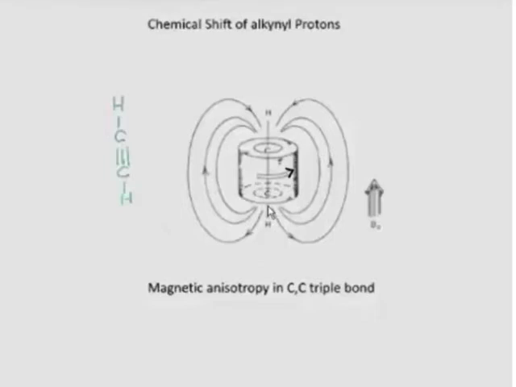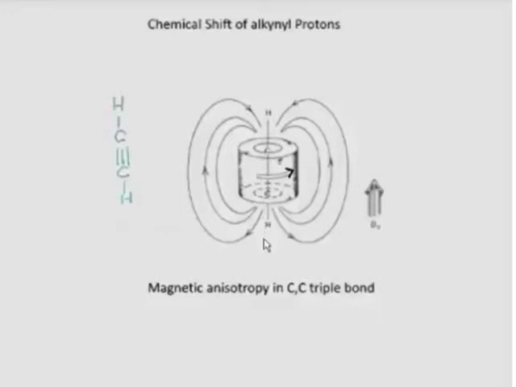Let's look at the direction of the secondary field line loops as before. Well, if we're, say, right in the middle of the triple bond going down the carbon-carbon bond axis, the direction of the secondary field line is down. It's opposed to the direction of the applied field.